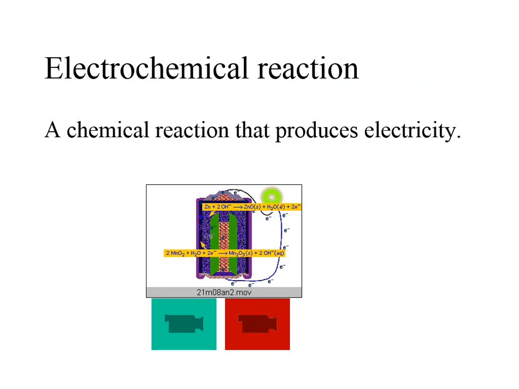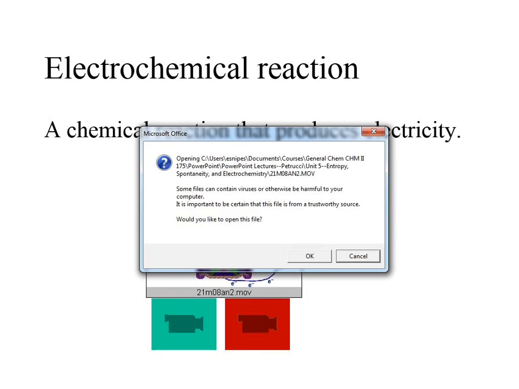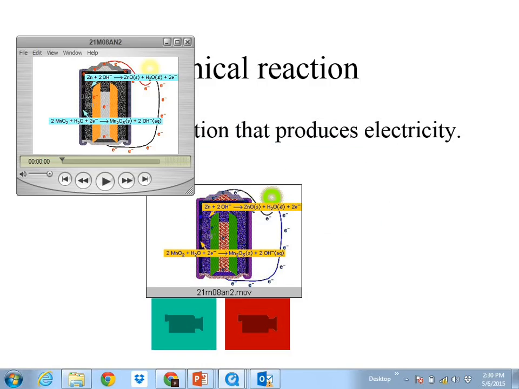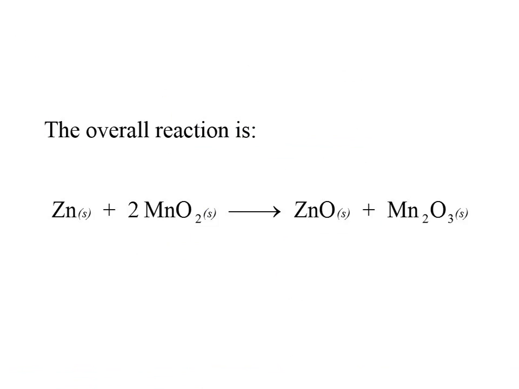So here's a first look at those little electrons being transferred in a redox reaction within an electrochemical cell. And add them together, this is what you get. So again, this is what we're going to be doing in lab tomorrow.